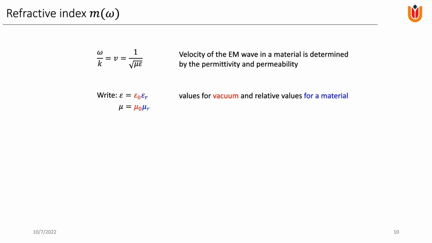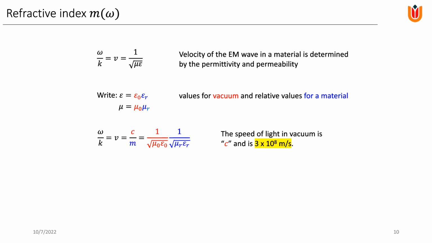They will change if you take a different material. And that means that we can express the speed of light in a material as the speed of light in vacuum, so that is 3 times 10 to the power 8 meters per second, divided by a constant m, which is then related to the material properties. And the constant m is the refractive index.